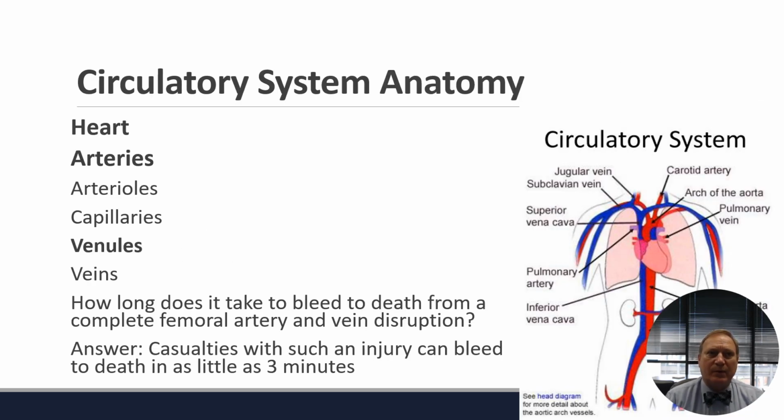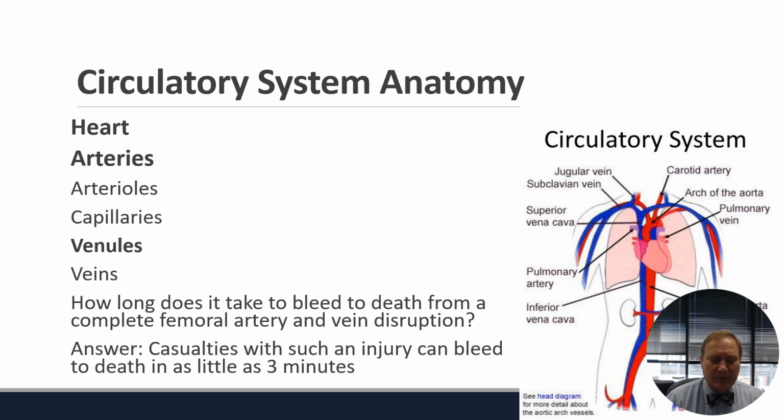So the best way to think about how we deal with life-threatening bleeding is to also think about how blood flows through the body. Center of the chest, actually just to the left of the sternum, is your heart. It's got 4 chambers. It's a closed system, and every time it squeezes, it pumps blood out either to the rest of the body or to the lungs to pick up oxygenated blood.